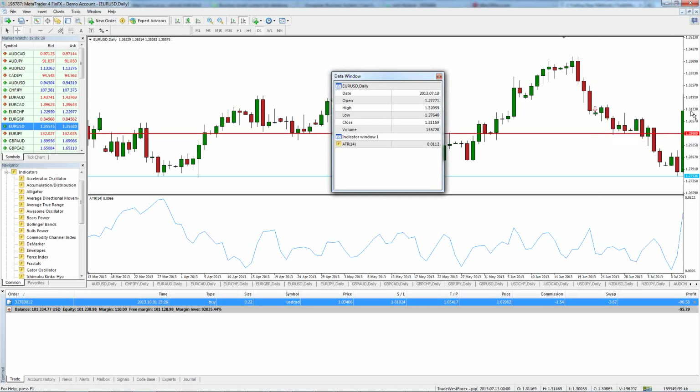Your entry was right there. You would have been losing money. Your trailing stop gave a lot back, but still made you, with 3 ATRs, 125 pips on the trade. So it would have kicked you out right there. 2 ATRs would have got you more. It would have been tighter, but it might have got you out even too soon over here. That's what you have to kind of play with your strategy.